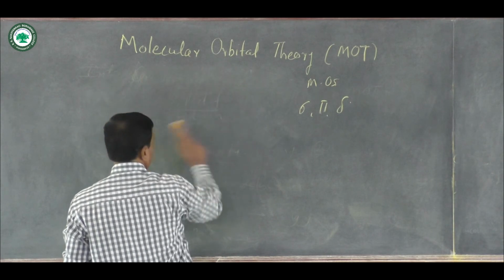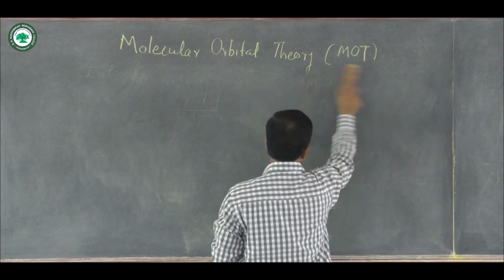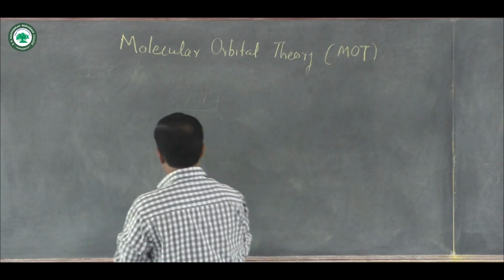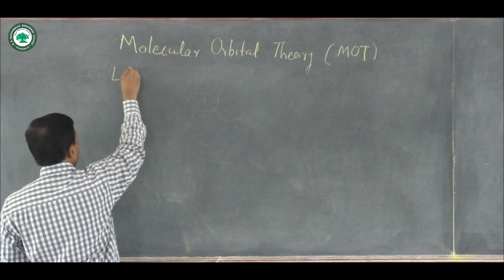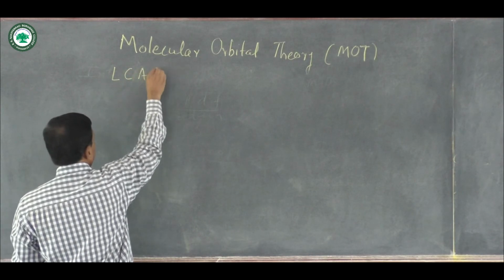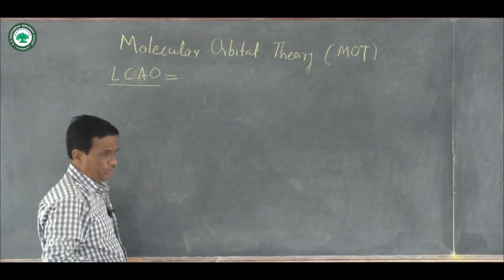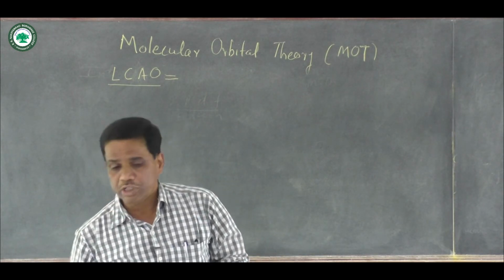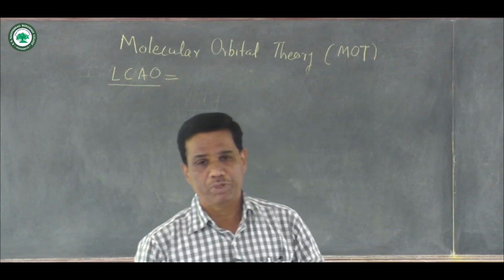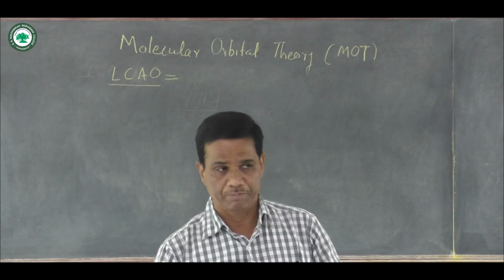Next point is linear combination of atomic orbitals, short form LCAO. According to the molecular orbital theory, MOT, when molecules are formed, there is a linear combination of atomic orbitals and then molecular orbitals are formed.